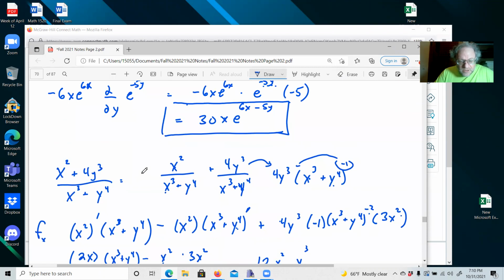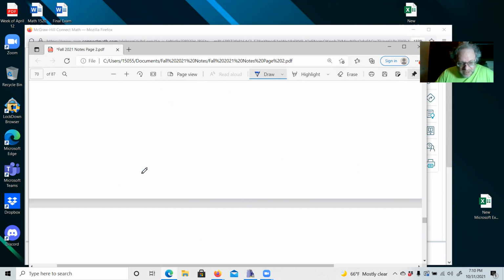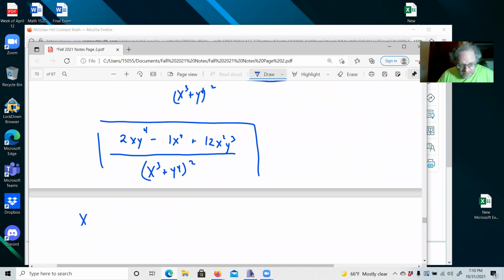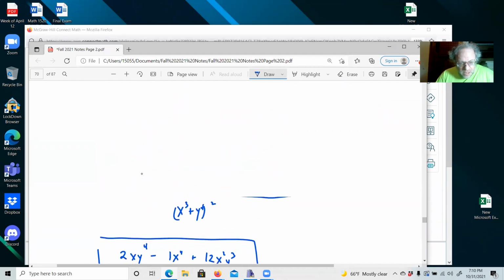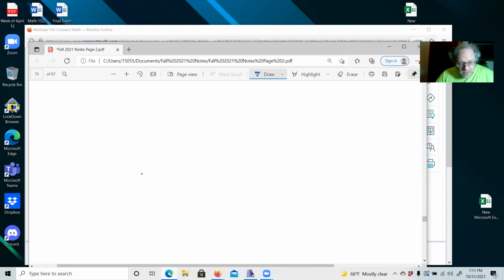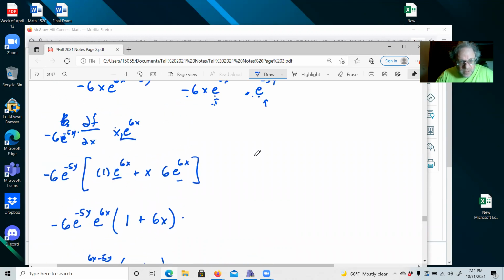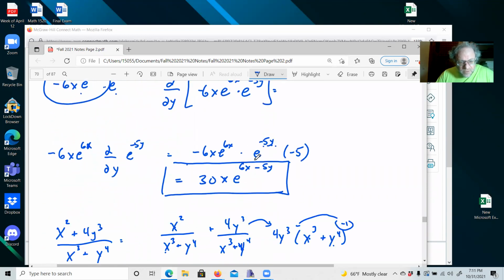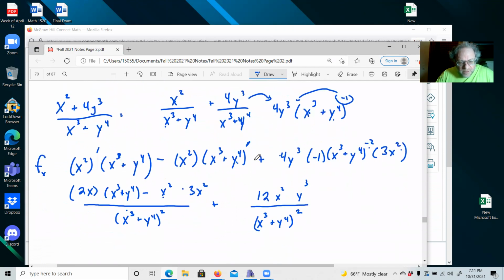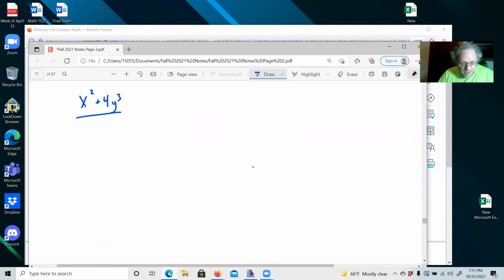Okay. So x squared plus 4y cubed, x squared plus 4y cubed all over x cubed plus y to the fourth. Still quotient rule. Sorry.